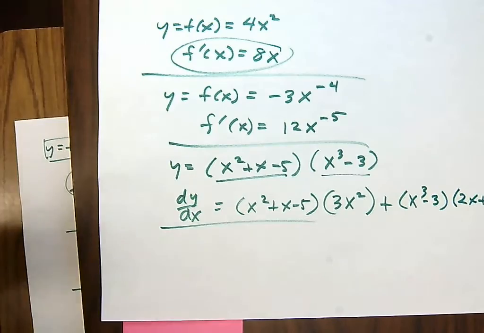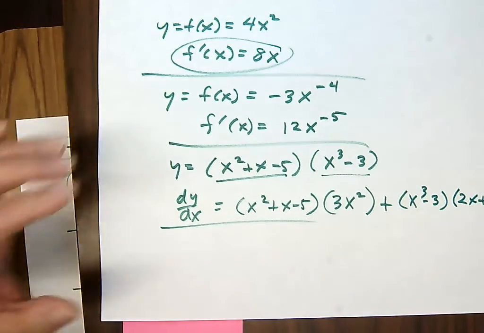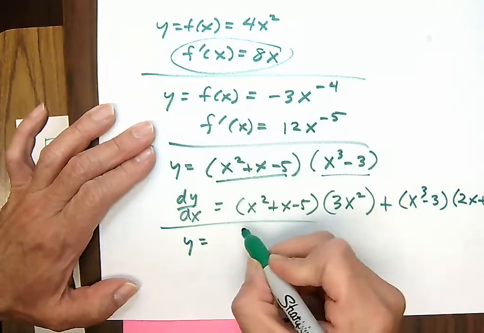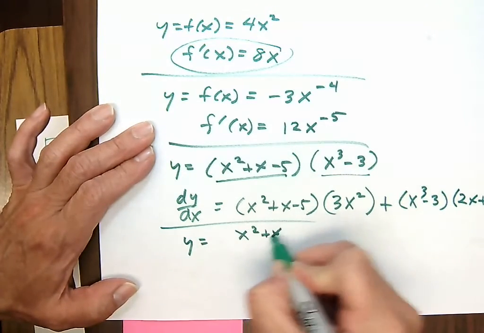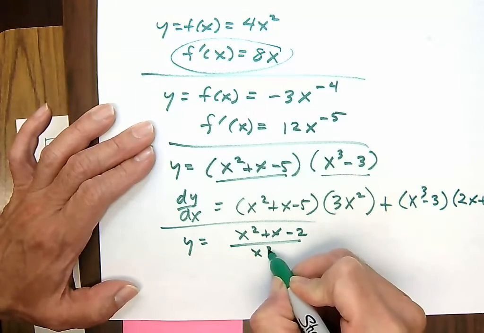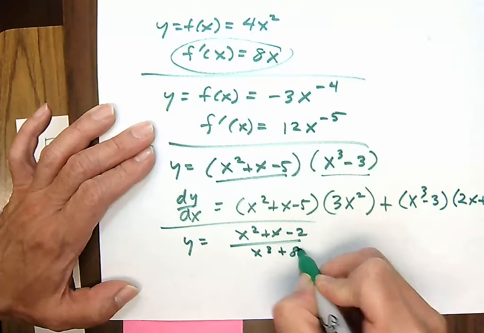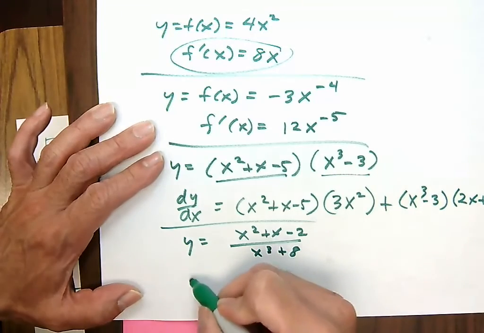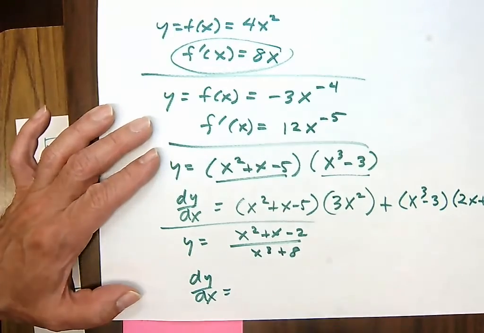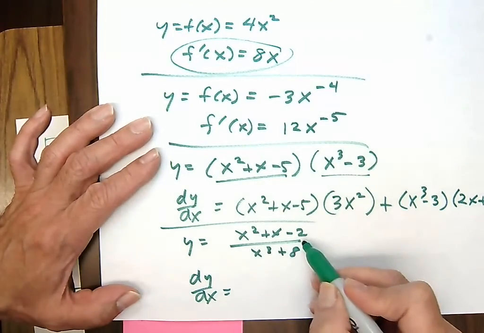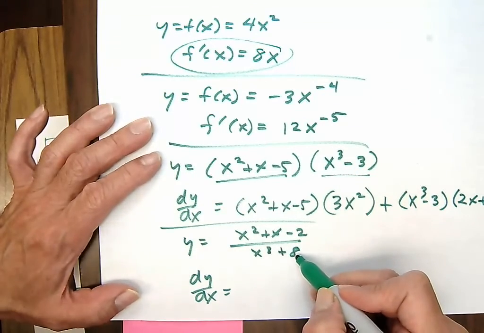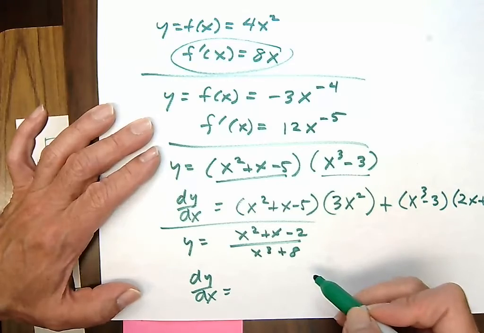One more example I want to give you is how the quotient rule works in taking derivatives. So suppose y is equal to x squared plus x minus 2, all over x cubed plus 8. How would we find the derivative of y with respect to x in this case? Well, the rule is the denominator times the derivative of the numerator, minus the numerator times the derivative of the denominator, over the denominator squared.